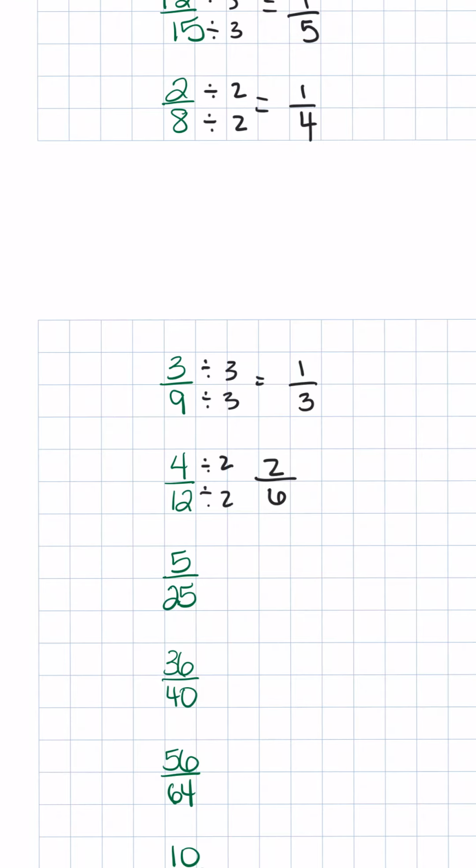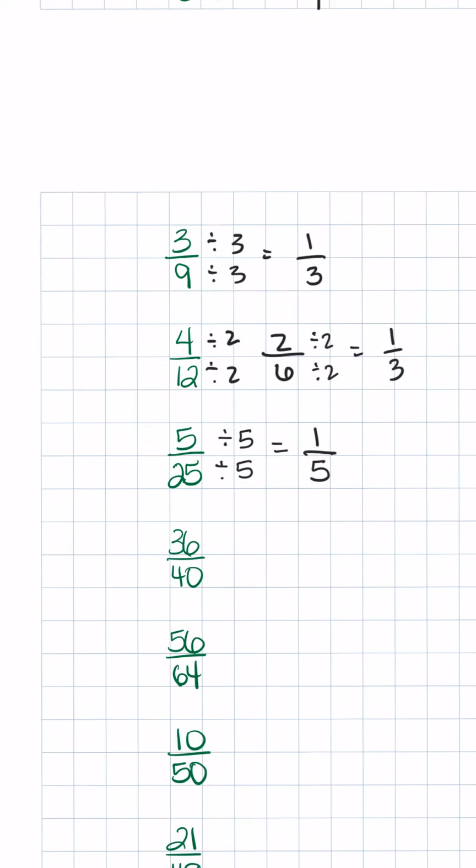They can both still be divided by 2. So that's going to equal 1/3. So really, if we divided the original one by 4 is what we needed to do. Divide by 5. 5 divided by 5 equals 1 over 5, 1/5.